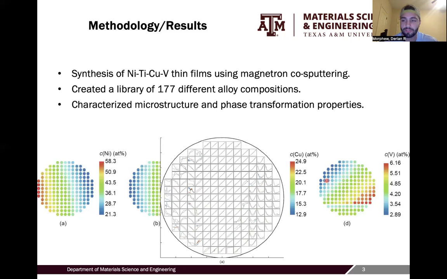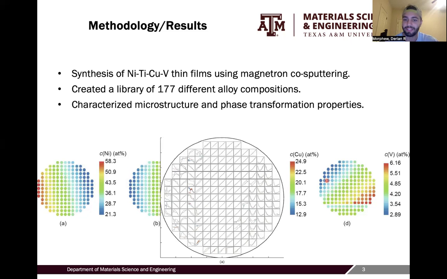They also used synchrotron XRD to obtain detailed information about the crystal structure of these different compositions. We'll get into how they used machine learning to process these results in the next slide. But using this XRD data, they were able to identify the different phases present, and the phase boundaries along this wafer.